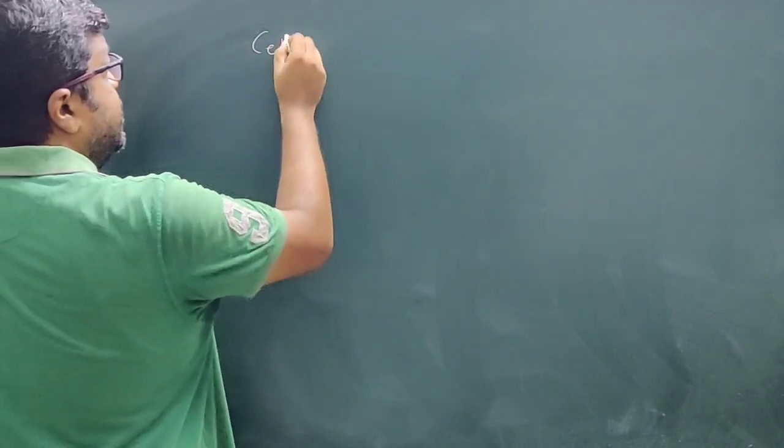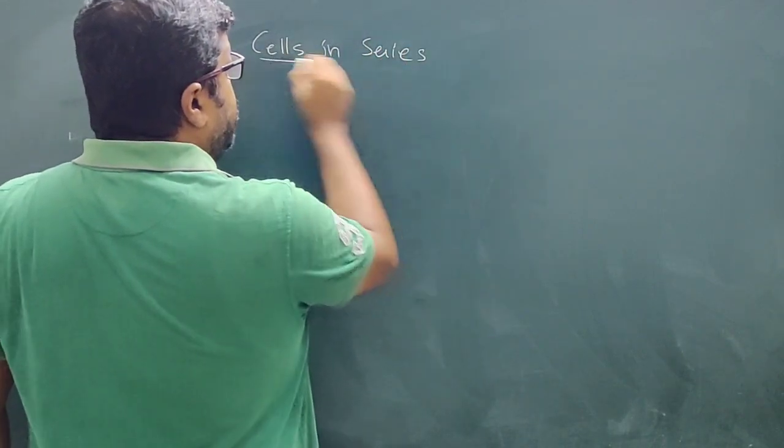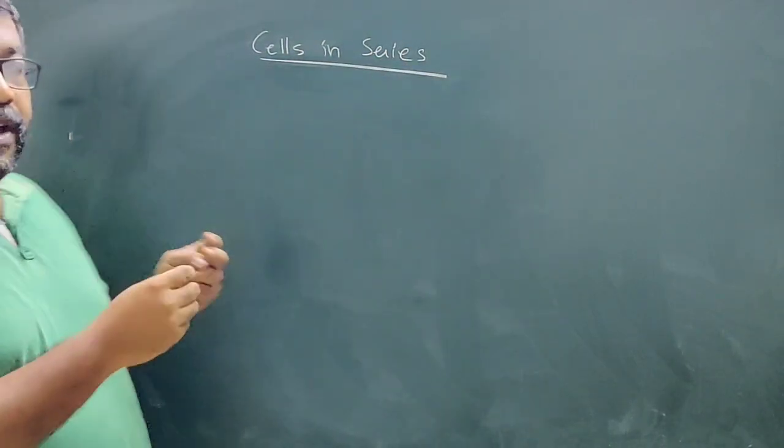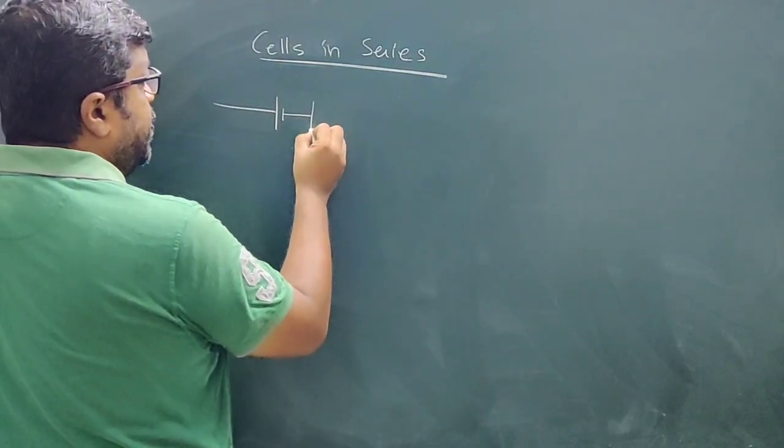Now first we'll see cells in series. Here, instead of having two cells, suppose we have n cells.